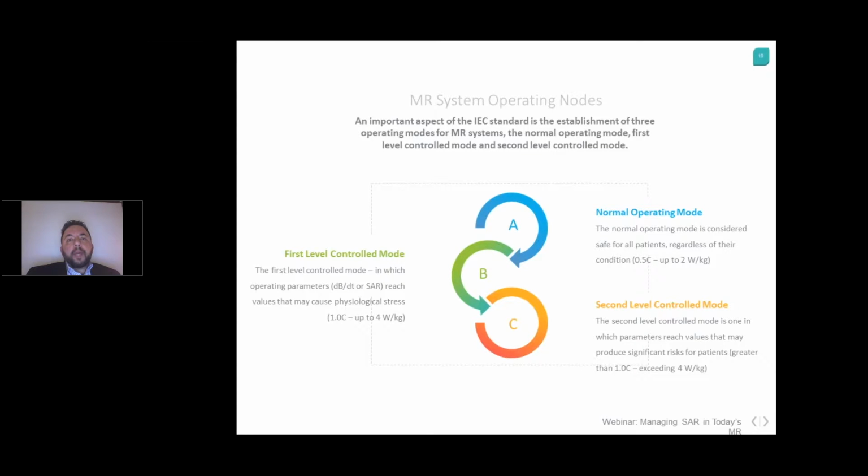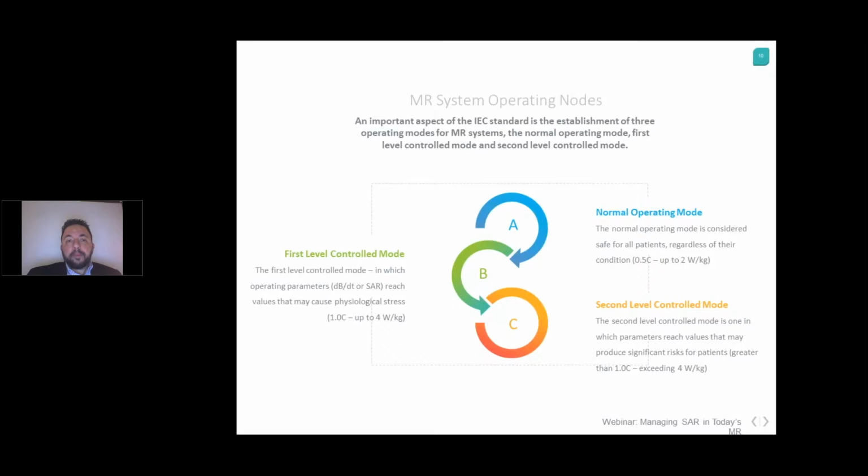So the MR system operating modes are ways in which we can control or establish which modes the system will operate and the thresholds of both temperature and SAR. So the first level controlled mode would be the SAR levels that may cause physiological stress, 1 degree Celsius or up to 4 watts per kilogram.